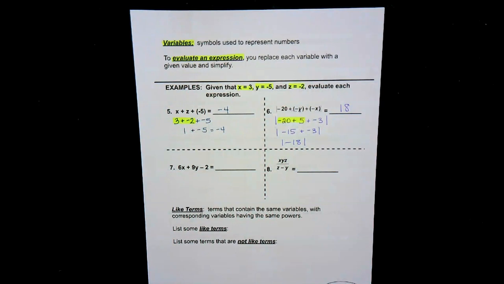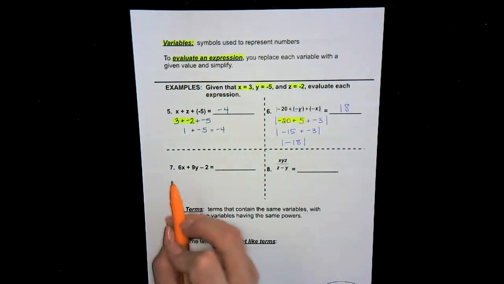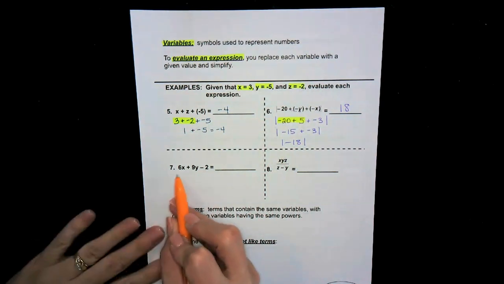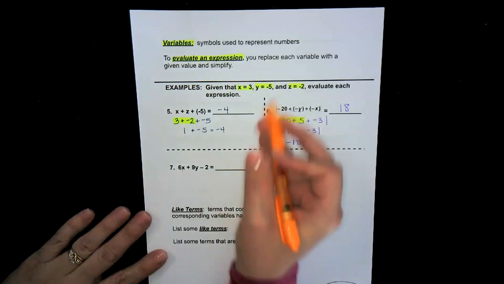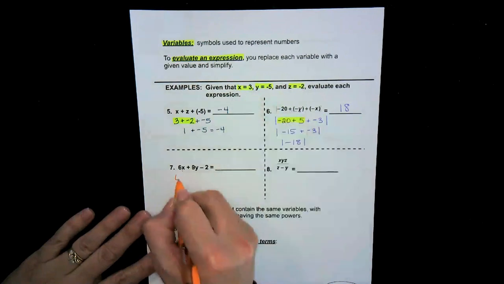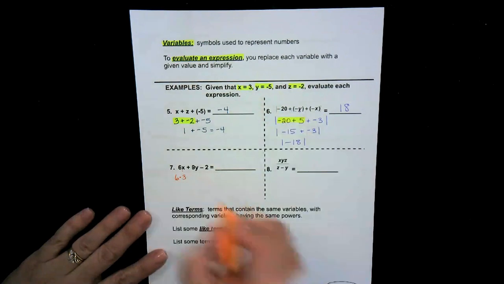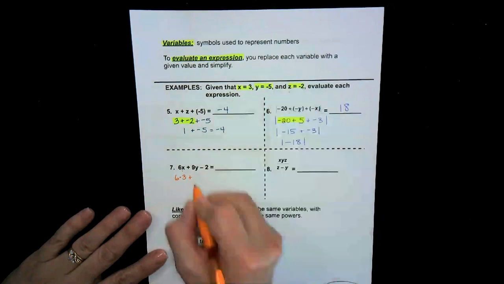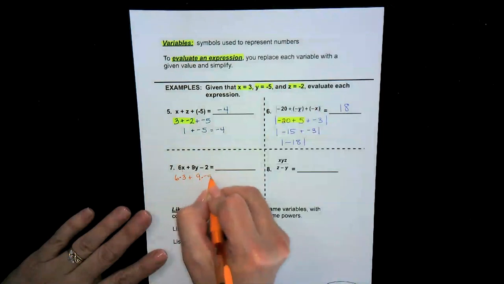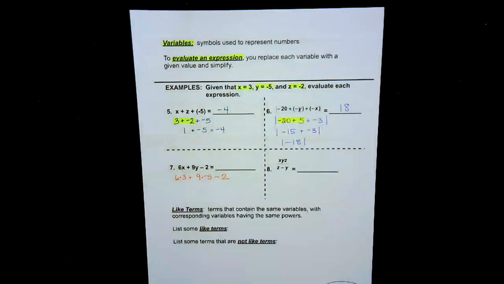All right, let's look at number 7. When you see a number in front of a variable, that means to multiply. So this means 6 times x. Now, if x is 3, then we'll rewrite this as 6 times 3. Then we have 9y. Well, if y is negative 5, then that means 9 times negative 5 minus 2.